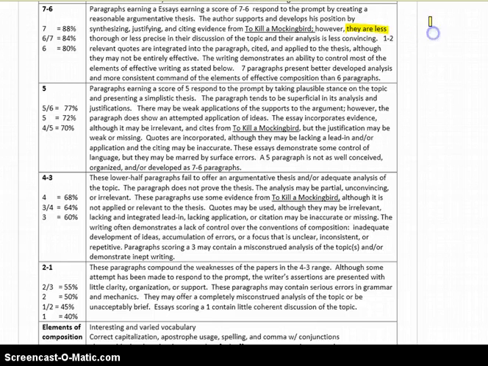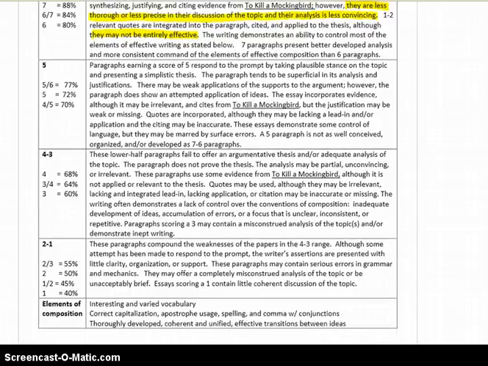However, they are less thorough or less precise in their discussion of the topic, and their analysis is less convincing. You still have 1 to 2 relevant quotes that are integrated, cited, and applied, although they may not be entirely effective. And the writing demonstrates an ability to control most of the elements of the writing as stated below.